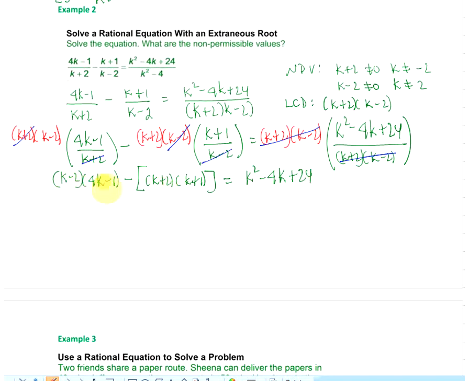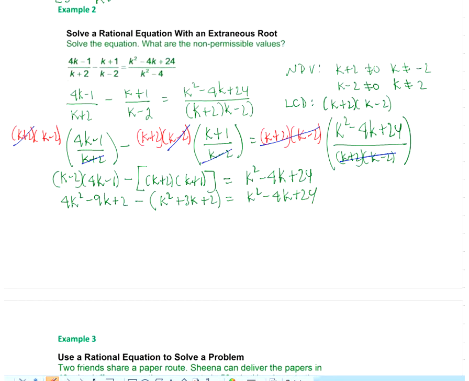We're going to get 4k squared minus 9k plus 2 minus, in brackets, k squared plus 3k plus 2 is equal to k squared minus 4k plus 24.